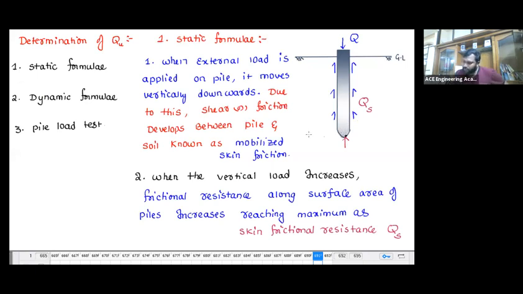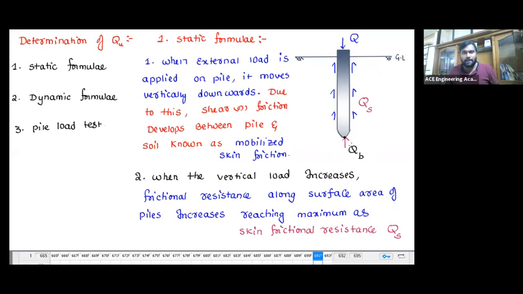Up to that point, whatever skin friction developed was able to manage the load. And now when you are applying a vertical load more than the skin friction can take, it says to the soil below the pile, I cannot take more load than this, you please take. Now there comes the bearing capacity, which is nothing but the point bearing resistance being developed.